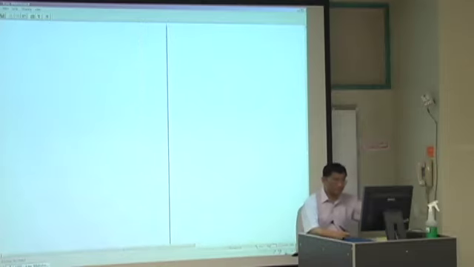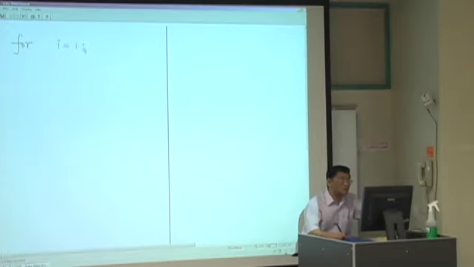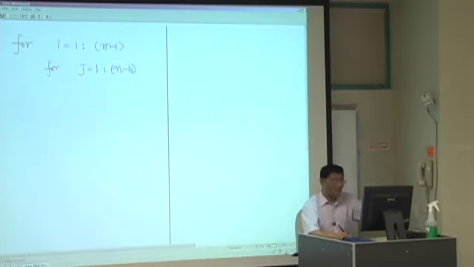So for i running from 1 to m minus 1, and then j running from 1 to n minus 1, and then vertex.